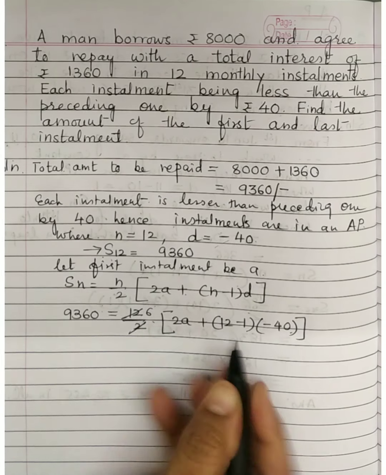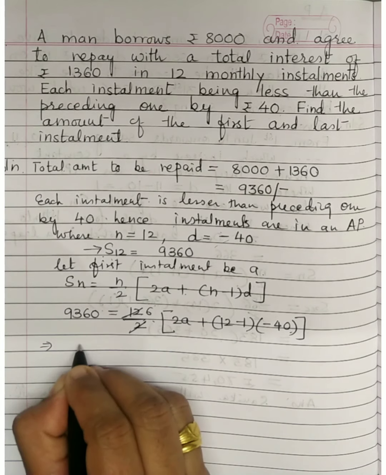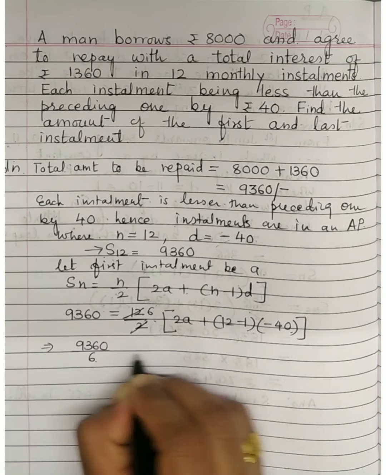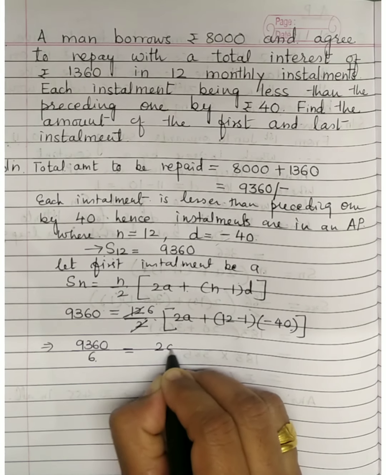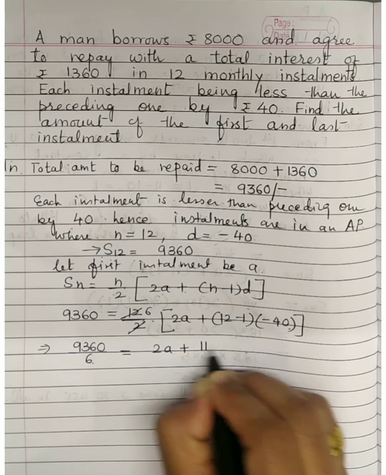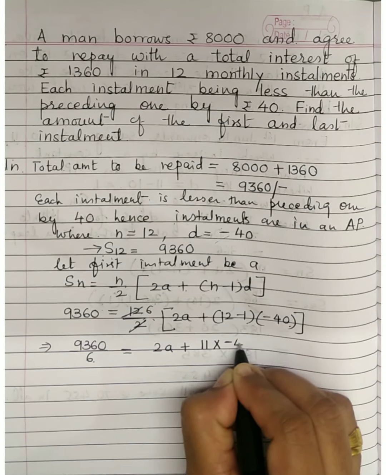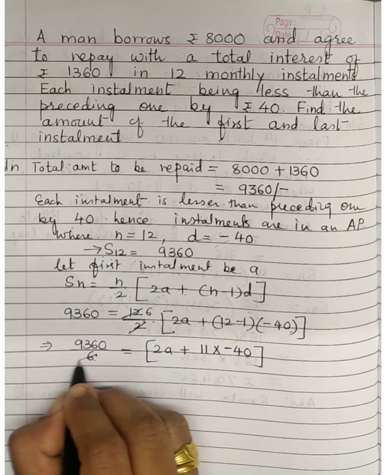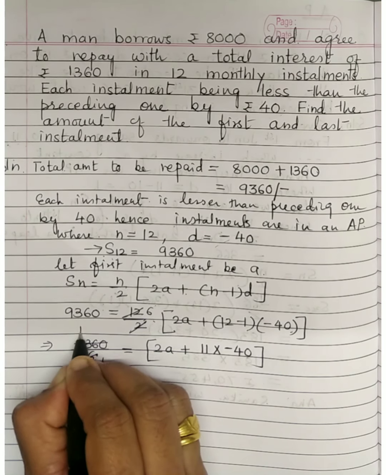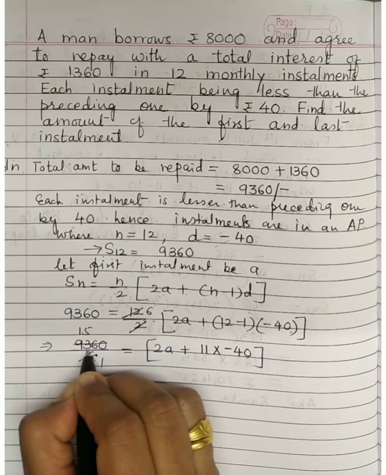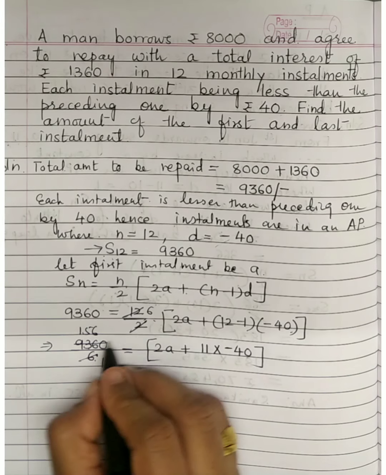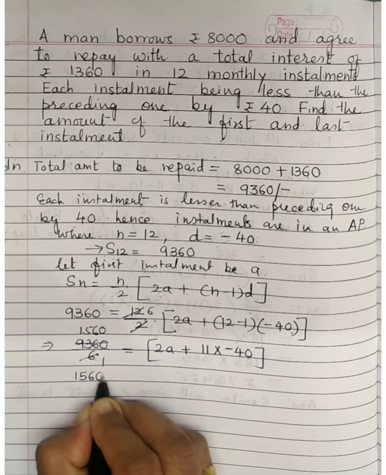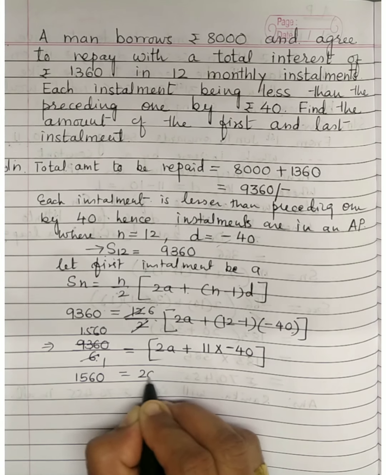This is 6 times, so it will go and divide. 9360 divided by 6 is equal to 2a plus 11 into minus 40, bracket closed. Now divide: 6 ones are 6, 6 fives are 30, and so 1560 is equal to 2a plus 11 into minus 40.